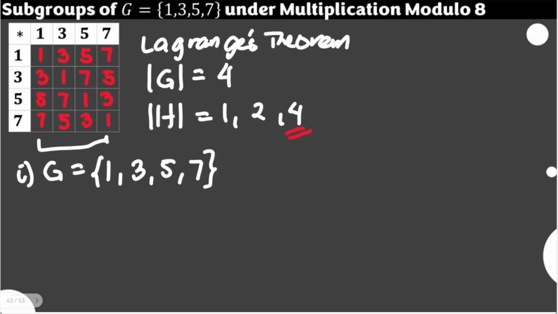Next is to proceed with a subgroup of order 1. Always remember that the subgroup of order 1 is the set containing the identity element of our given group. The identity element for this subgroup is the same as the identity element of the given group.